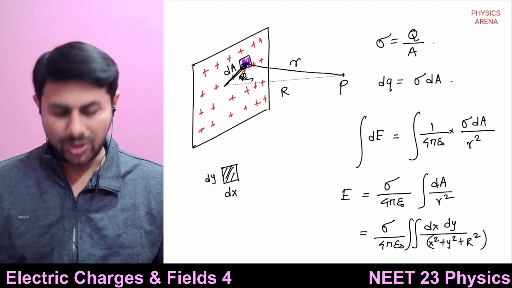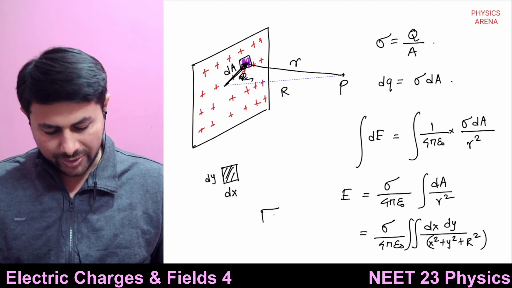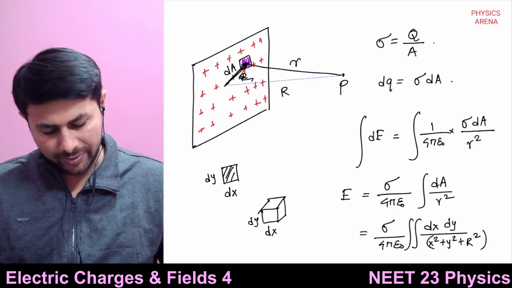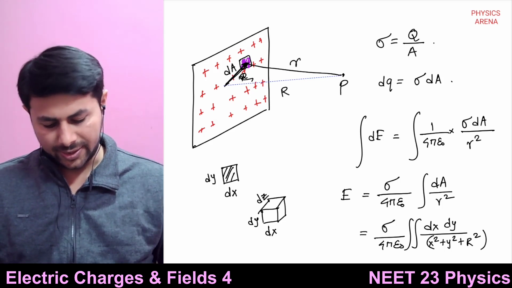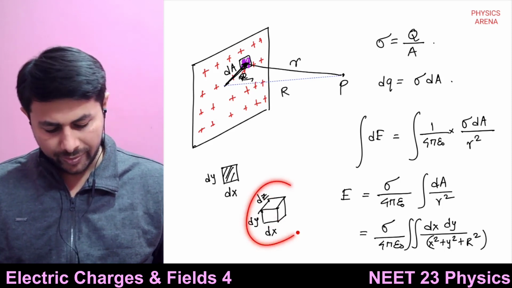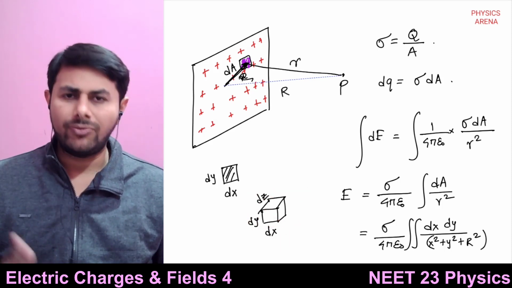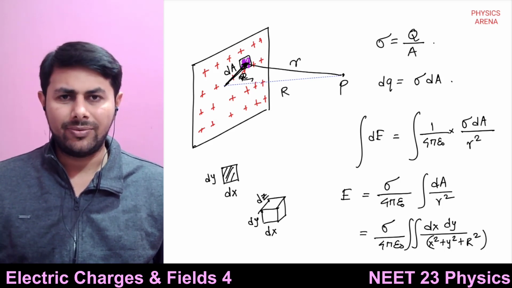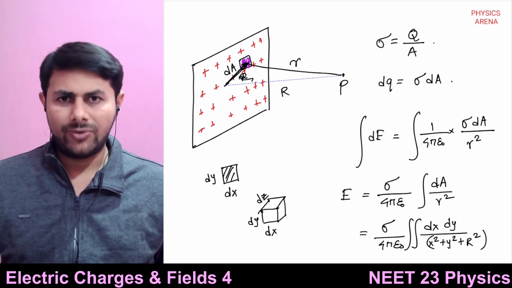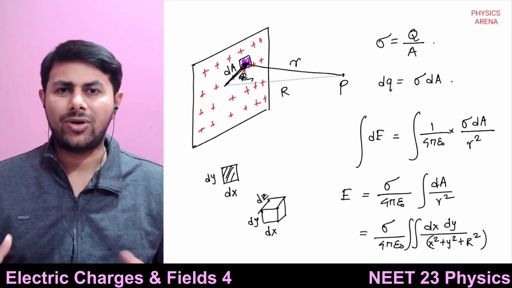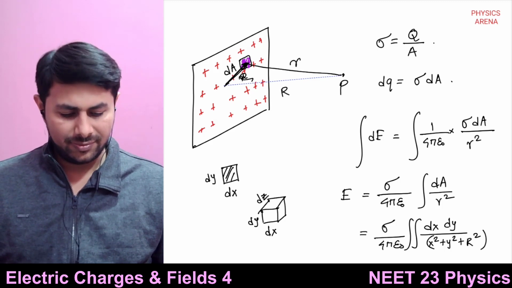Dv is the small volume. So it is dx multiplied by dy multiplied by dz. Okay, so finding out electric field due to that kind of a body will involve a triple integral. So it gets more and more complicated, right?